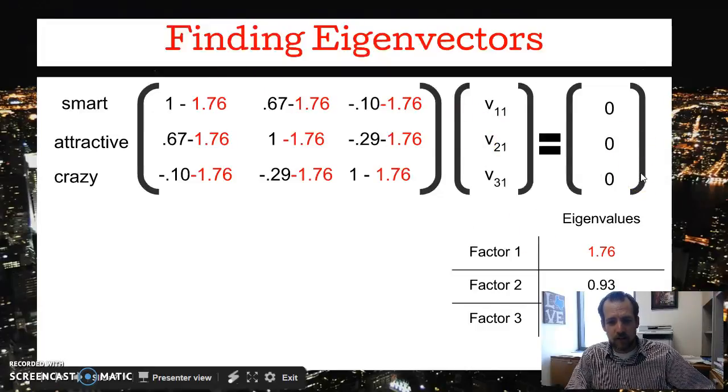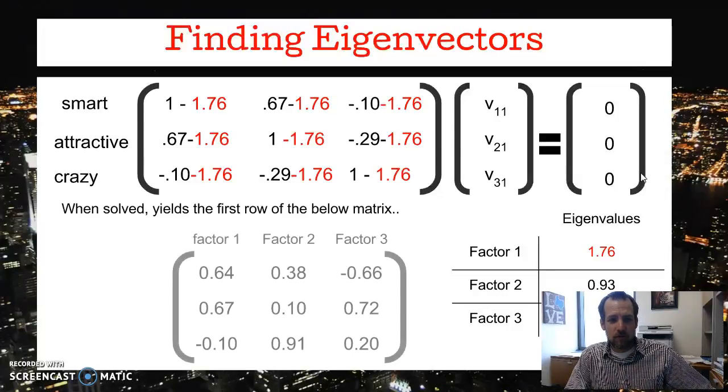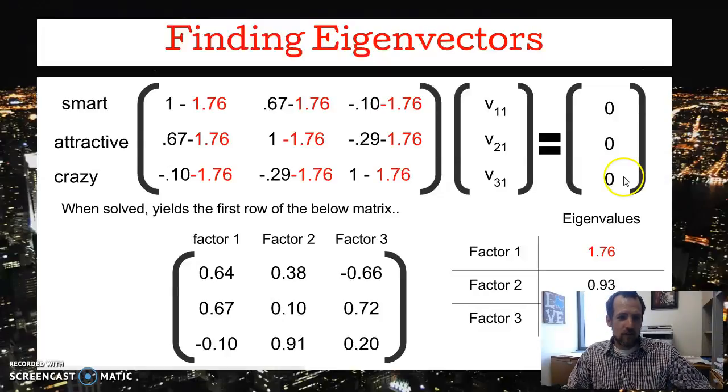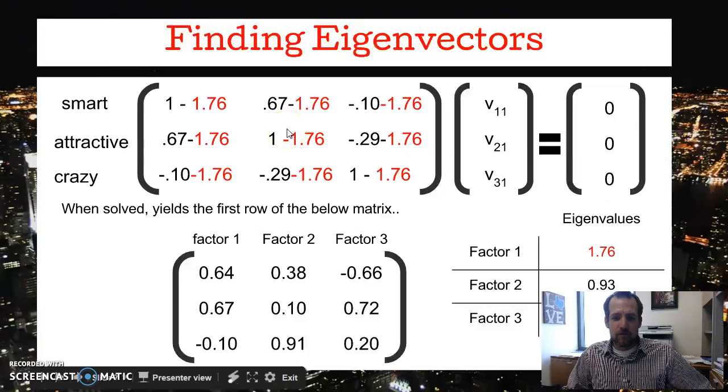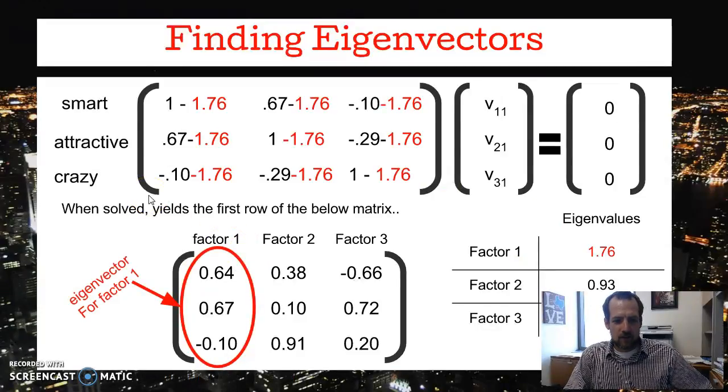Again, really complicated stuff, requires a lot of equations, so I'm not going to do them here. But when you solve it this way, and this one right here was just the first eigenvalue, you'd have to do it for each of the 3 eigenvalues. When you do that, you're going to get this matrix right here. So this row is going to be the eigenvector for factor 1.